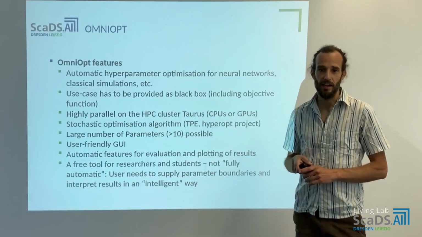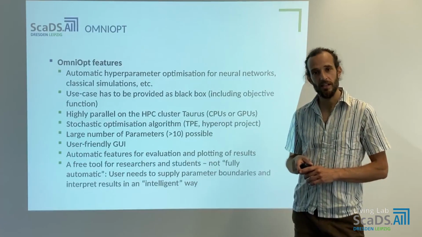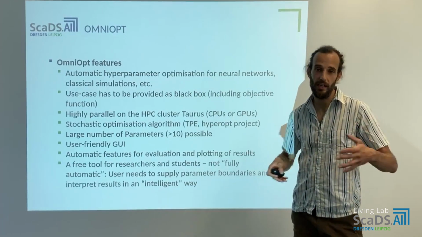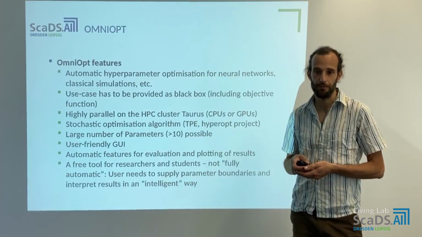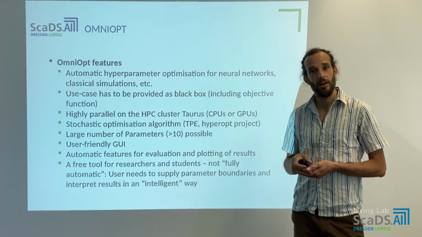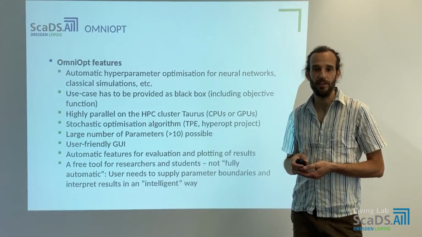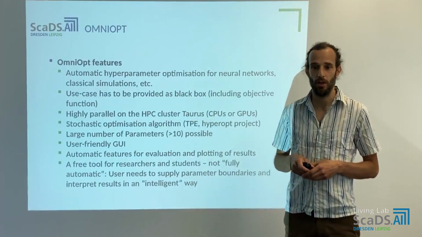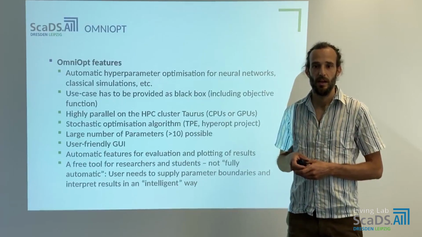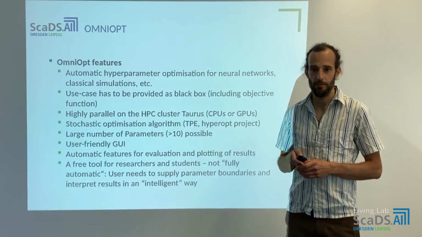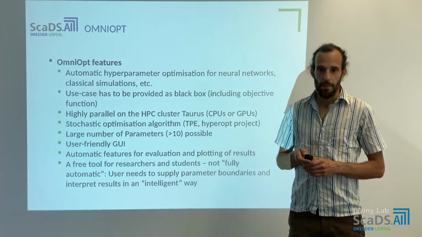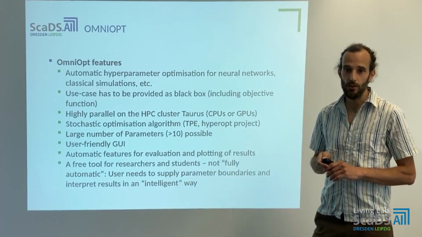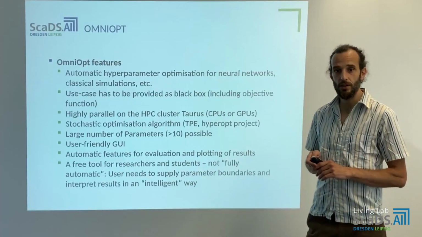It has a user-friendly graphical user interface, which allows the user to communicate easily with the software. And there are also a lot of automatic features for automatic evaluation of the results and also for plotting the results. I will show some examples later. Generally, OmniOpt is a free tool for researchers and students.